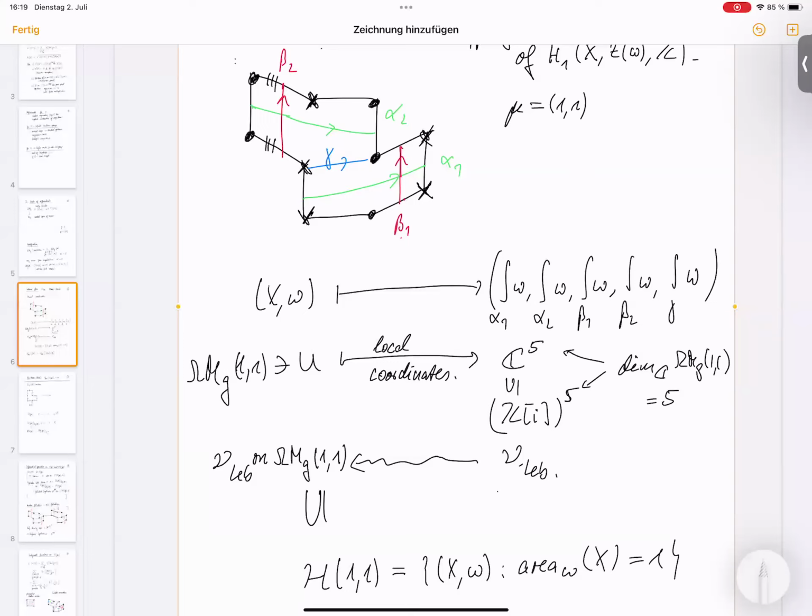This gives a well-defined Lebesgue measure on Omega M_g(mu) for any mu. I wrote it down (1, 1) because I'm doing that special case at least on that slide.